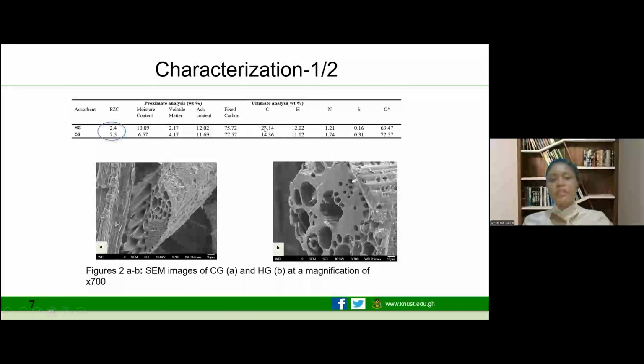The HG had a slightly higher carbon content compared to the CG. And looking at the SEM images, comparing CG A and HG B, the phosphoric acid activated carbon had wider macroporous pores, which indicated that there was an intense reaction between the precursor and the phosphoric acid.